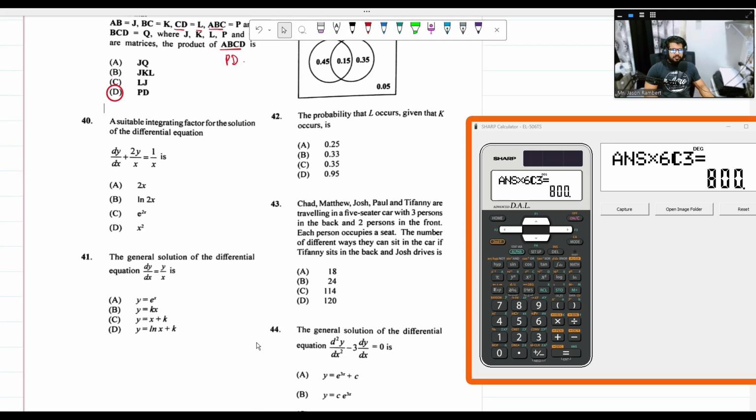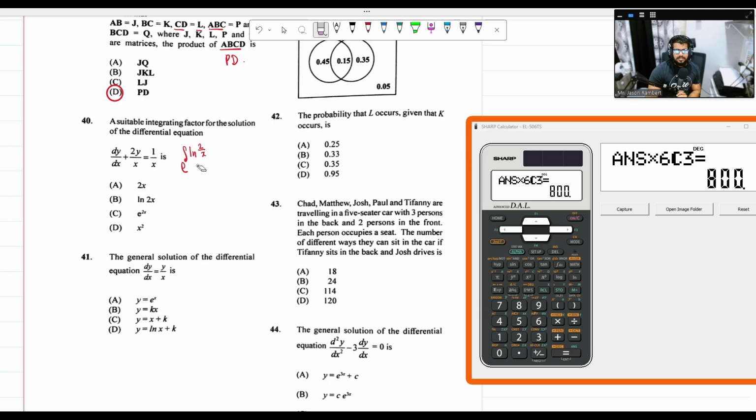A suitable integrating factor for the solution of the differential equation is, so it's going to be 2 over x, so it's going to be e to the integral of 2 over x. Oh no, it's e to the integral, why put e to the ln?